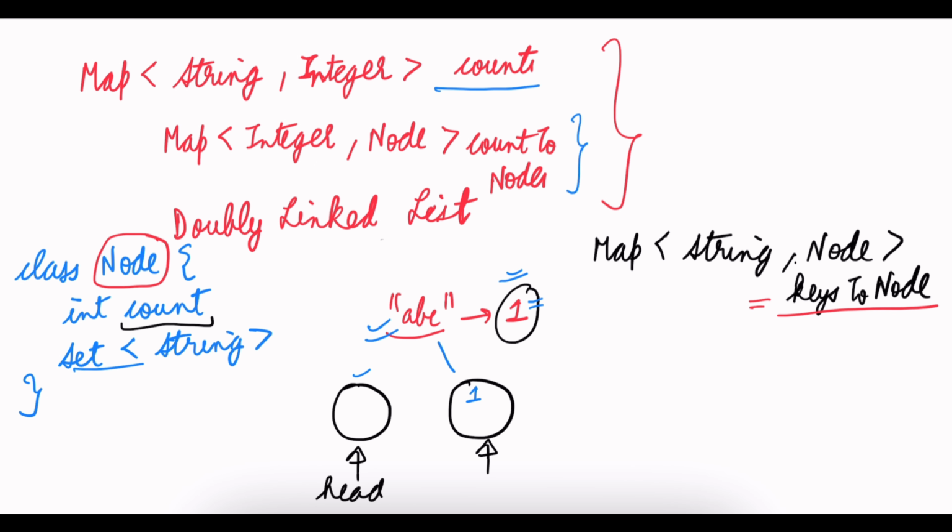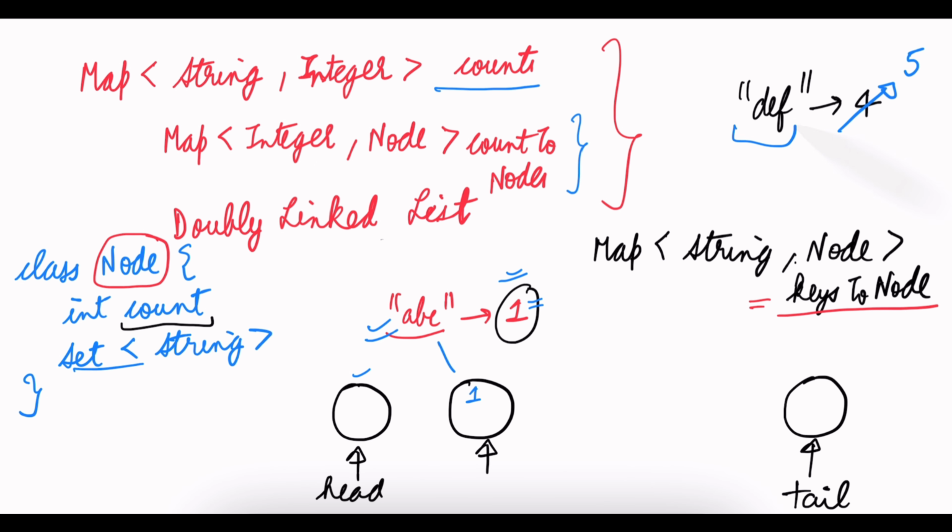And this way we will deal with the case when a string is added to our data structure for the first time. Now what happens if a string was already present, let's say DEF, and its count is 4, and now we increment its count to 5. Since the string DEF was already present, we can do a get operation for this string DEF and get the corresponding node.